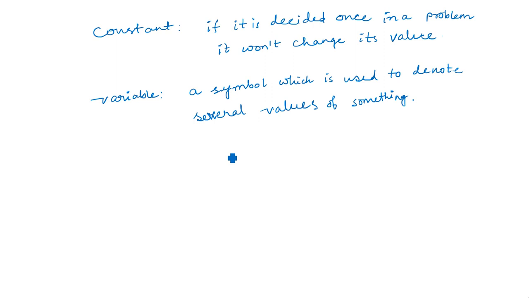As an example, a variable x can take any real value, or x can take any integer value. It will depend upon the context. But if we take a as a constant in some problem, a won't change its value.